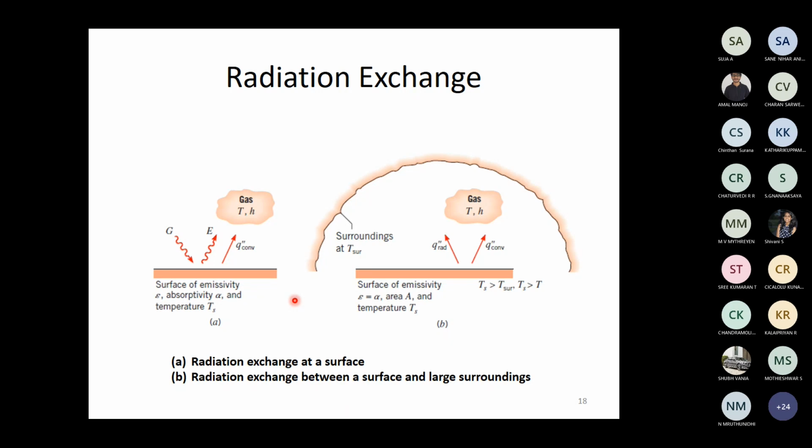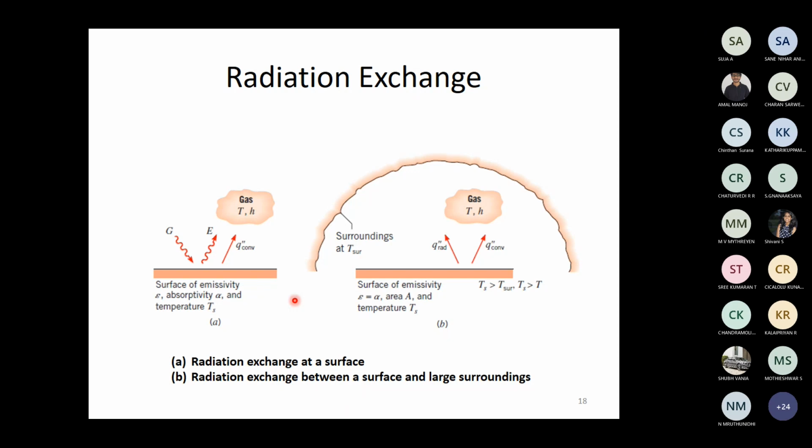In such cases, we will consider radiation. But in most cases, when the convective heat transfer coefficient is large and the temperature responsible for radiation is less than 500 degrees Celsius, we tend to neglect the radiation heat transfer. Why do we neglect?